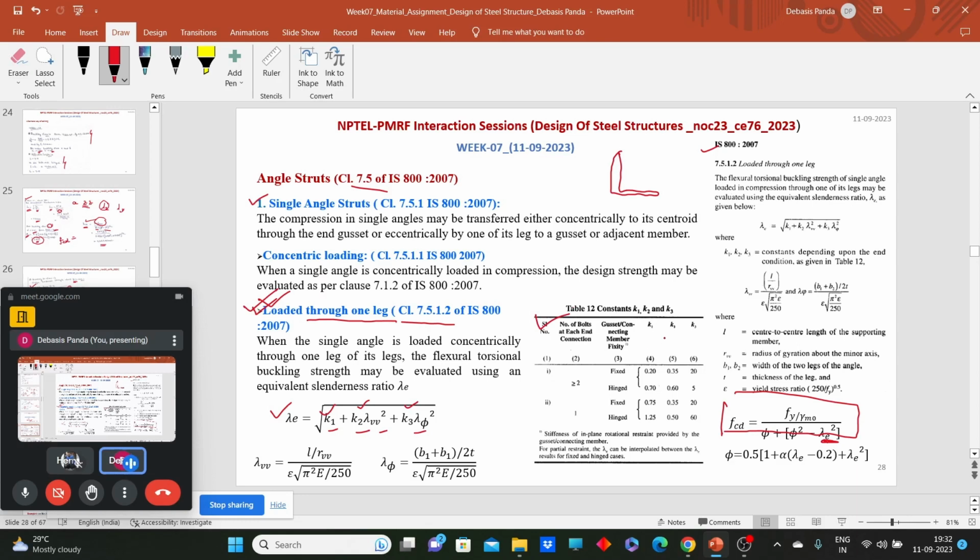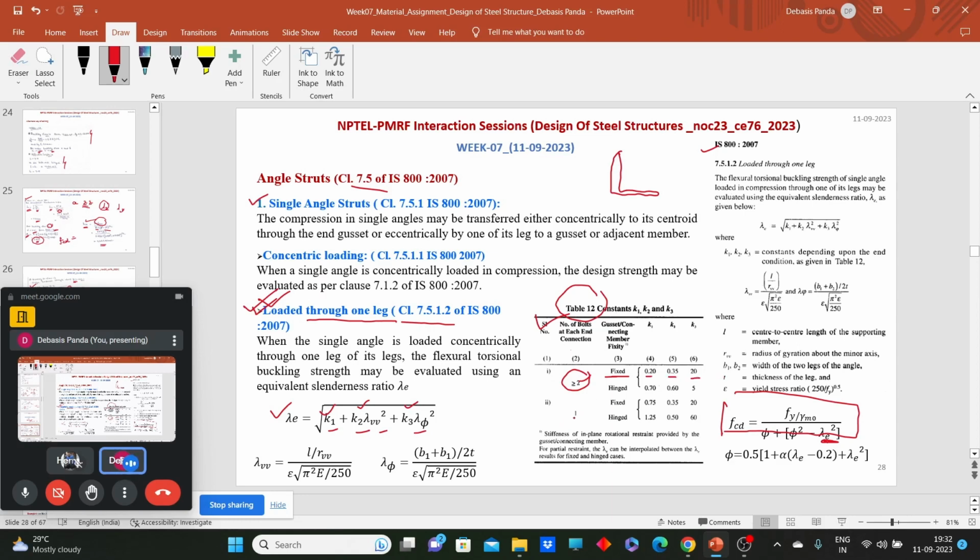The values of k1, k2, k3 are given in table 12 of your IS 800, and depend on the number of bolts and the end condition. For example, if we have more than 2 bolts and the end condition is fixed, then the k1 value should be 0.2, the k2 value should be 0.35, and the k3 value should be 0.20.